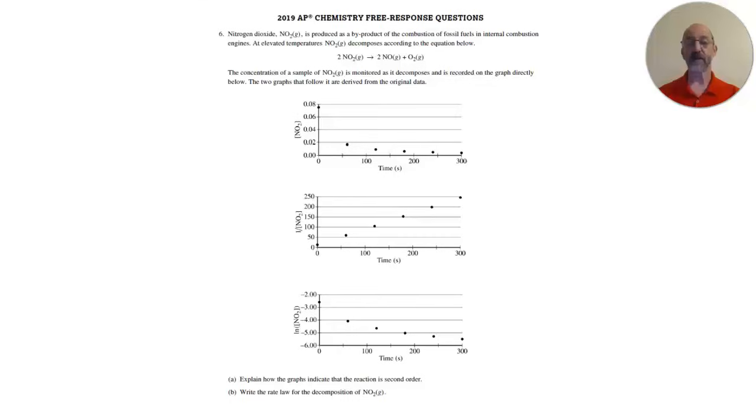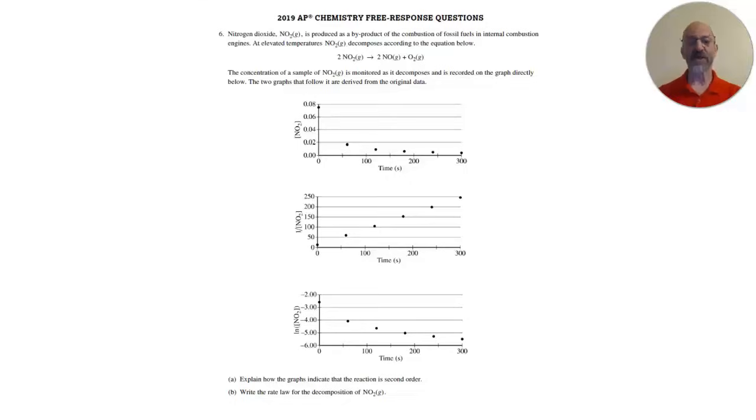I have included in the video description area a link to the 2019 AP Chemistry free response questions along with the official scoring guidelines for those questions. In question 6, we're going to see a similar example that applies to topic 5.9, the pre-equilibrium approximation.